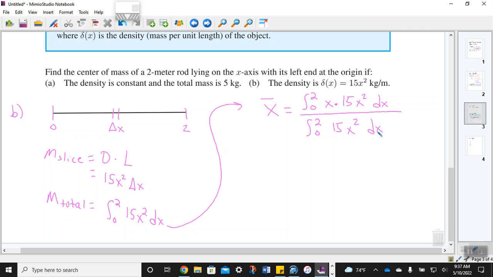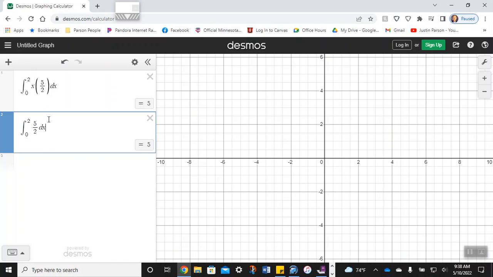Okay, so let's get these values figured out. Is that okay with you guys? You agree the top one's really 15x cubed then? Because x times 15x squared would be 15x cubed, wouldn't it? So we're 0 to 2, but we're x times, what was it, 15x squared in here this time?